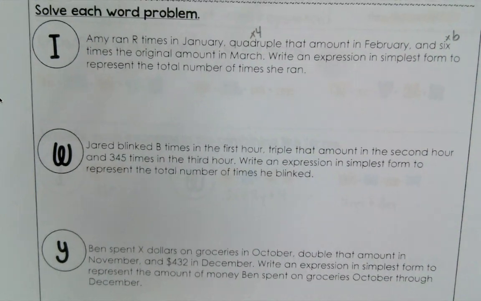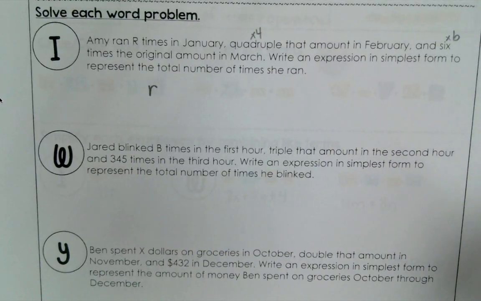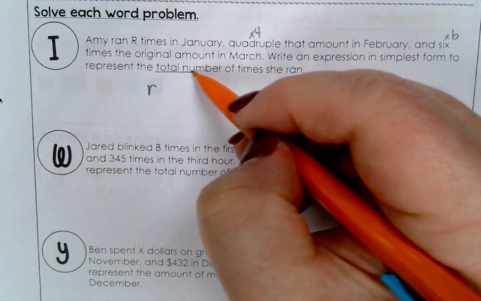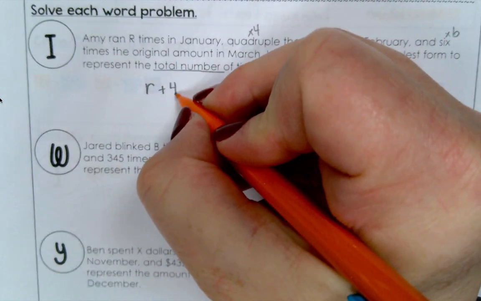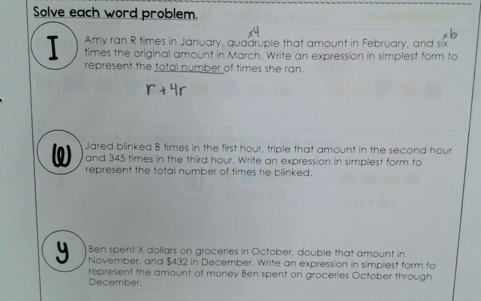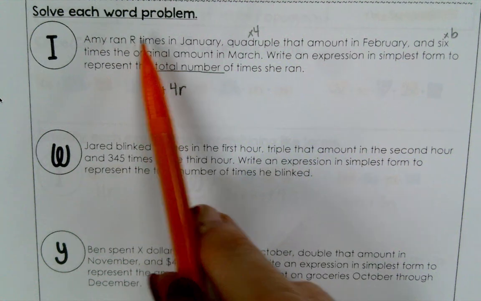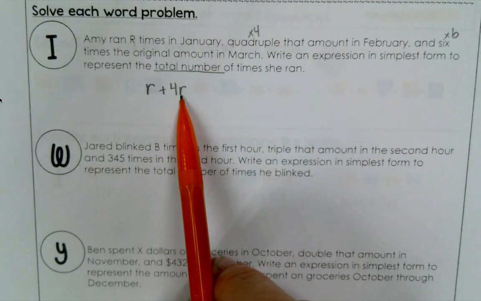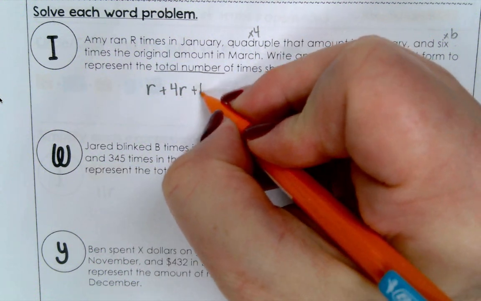So she ran R in January, and we're writing the total number, so we're adding. Plus 4 times the January amount, so 4 times R, and 6 times this many, plus 6R.